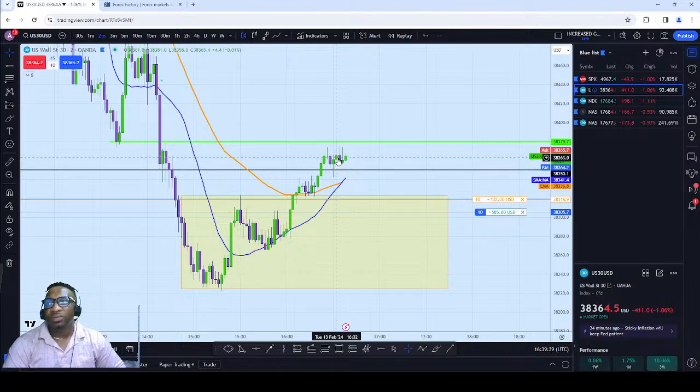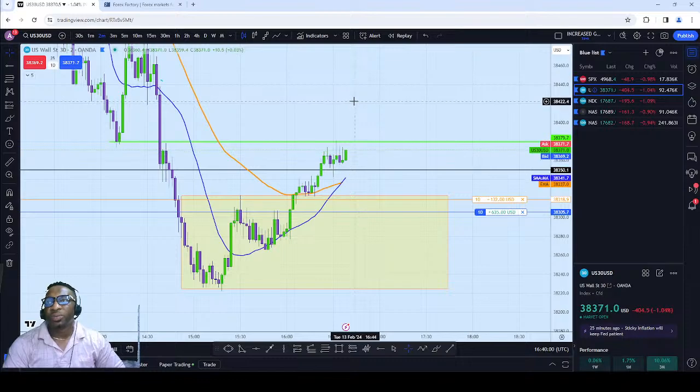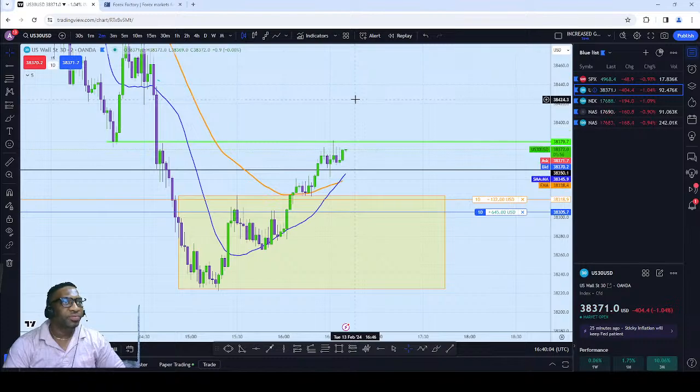Even if you got in here and took profit up to here, it still made some profit. We're just waiting to see if our price will push up above this area. That would be great for us.